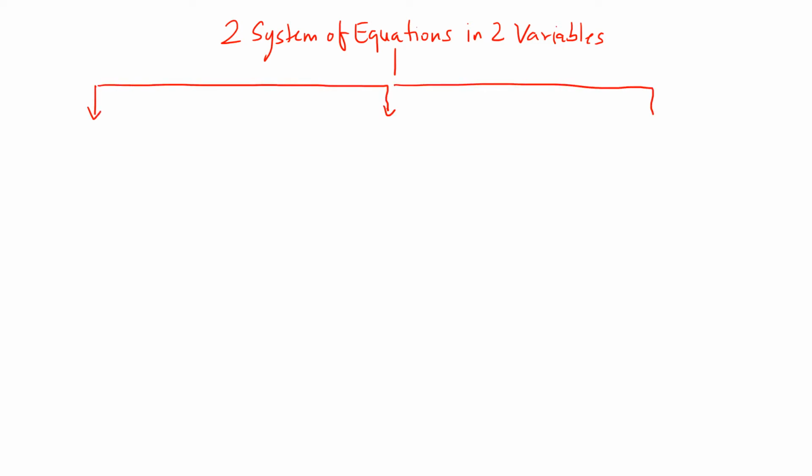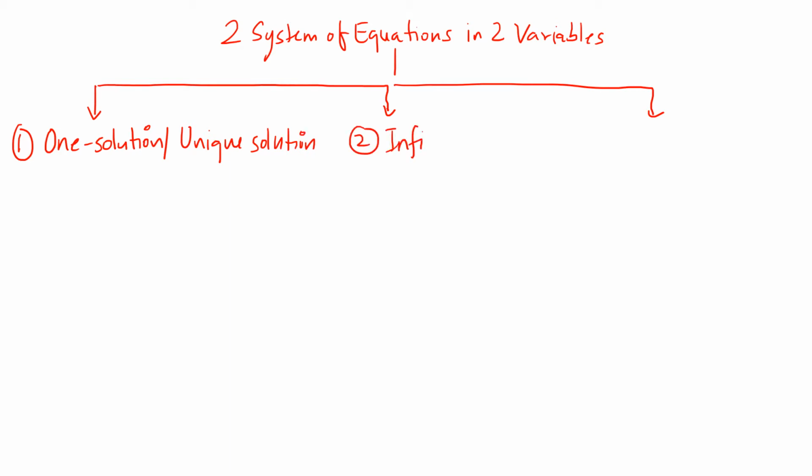So the first type is when you have one solution or unique solution, or if you have infinitely many solutions, or if you have no solution at all.